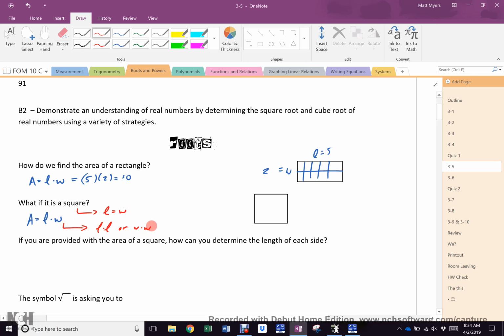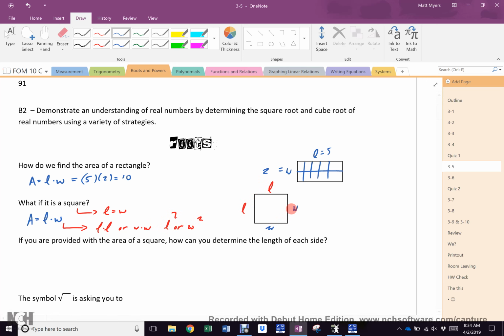Would I ever write L times L or WW? No, what would I write instead? L squared or W squared, right? So if this is L, then that's L, L squared. If I say they're W and W, W squared. Agreed?